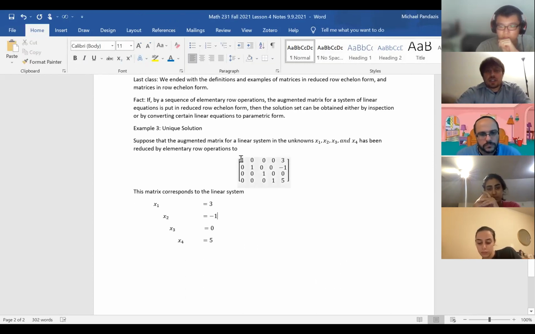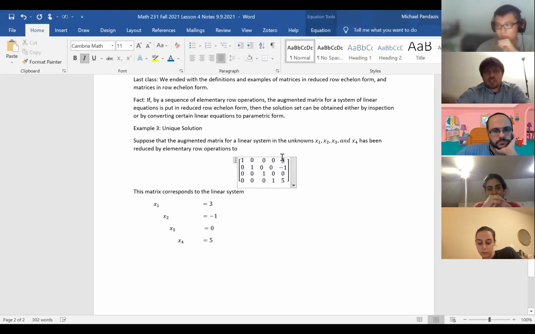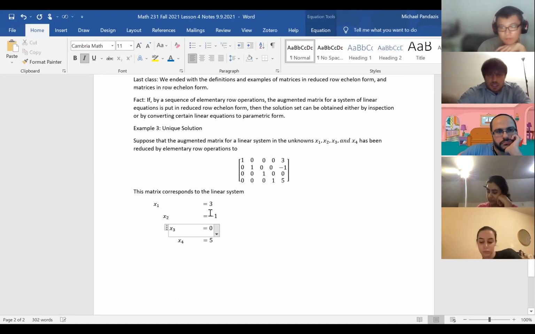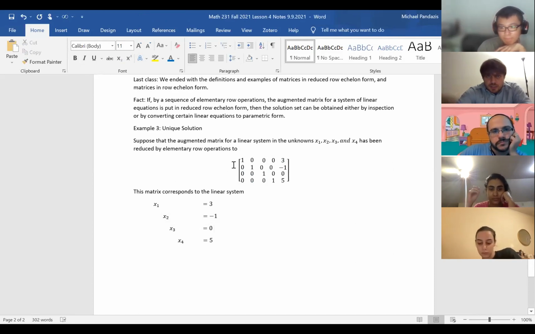Okay, so here x1 is equal to 3, x2 is equal to -1, x3 is equal to 0, and x4 is equal to 5. And so that's it. This matrix represents that linear system, and you can see the obvious solution is that these unknowns have these corresponding values.